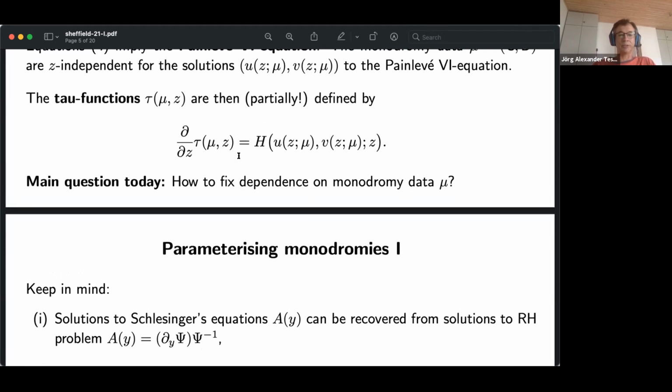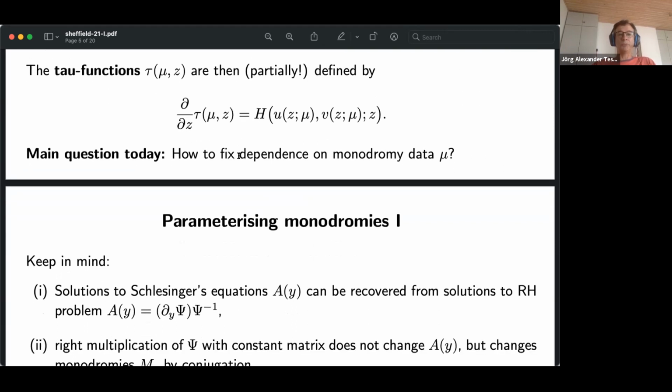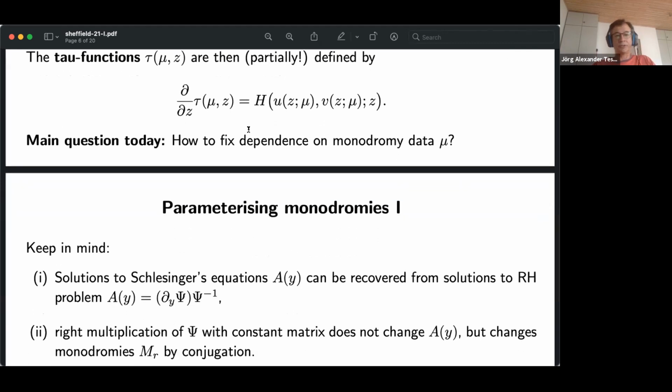So this way of defining the tau function does not fix the dependence on the monodromy data at all. It's in some sense a long-standing problem, depending on whether you see it as a problem or a feature, to find natural ways to fix the monodromy dependence of the tau function. And that's what the rest of the talk is about, namely to formulate key elements of a proposal for how to fix it in a natural way.